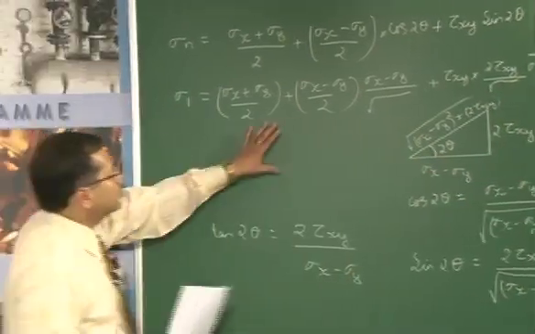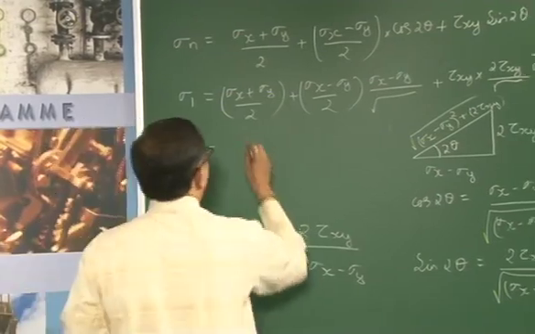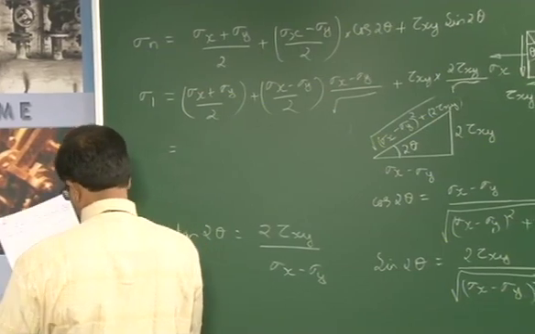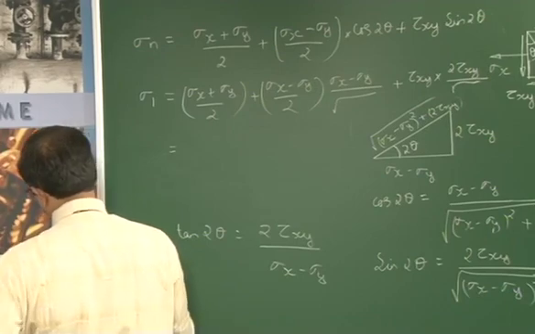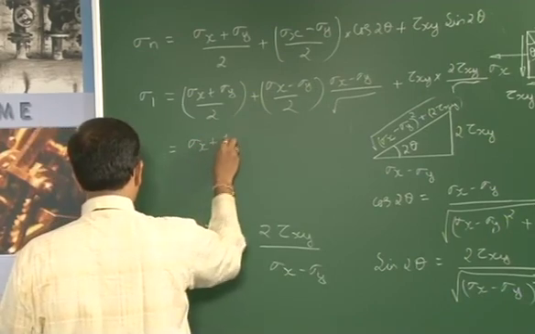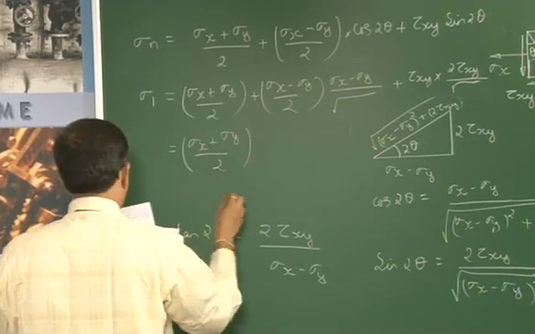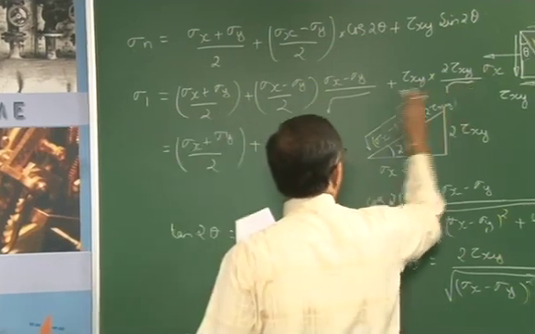So simplifying this, we get sigma x plus sigma y by 2 plus, now in this, 2 is common.